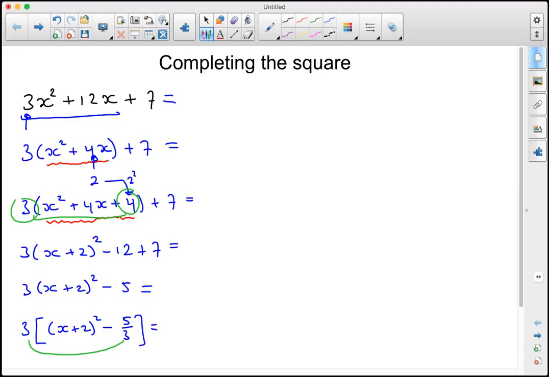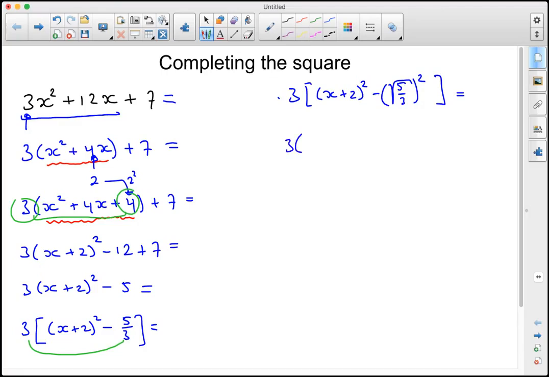So we continue here. So we have that 3 times x plus 2 squared. And just as before, the number here, I'm going to take the root of that number and then square it as well. That will give the difference of 2 squares inside of the big brackets.